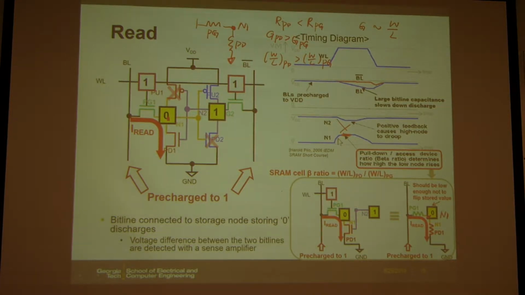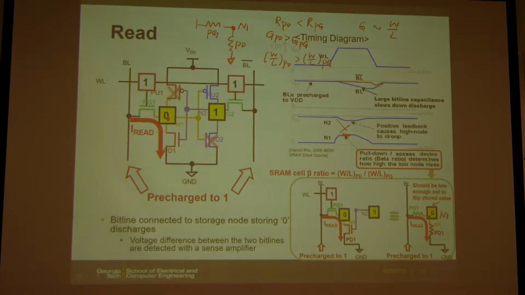It's not noise, but due to the operation, the N1 node voltage actually increases a little bit. After the read operation, when the word line is turned off, what is left is only the cross-coupled inverter. So in that case, due to this positive feedback, the data can be restored. So any questions here?